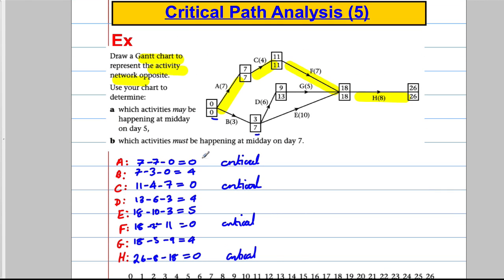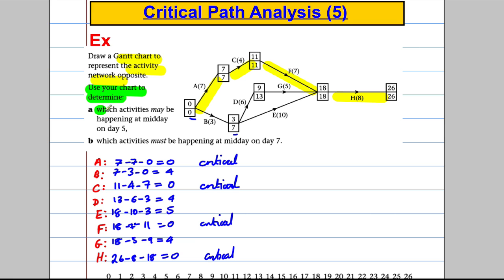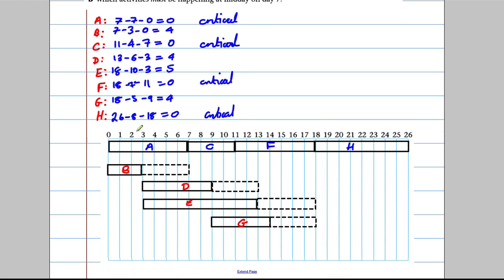So we've done the first part. We've drawn a Gantt chart. Then it says the following. So this is where we can use our Gantt chart. It says, use your Gantt chart to determine which activities may be happening at midday on day 5. So each of these are a day. Midday on day 5 is halfway in between day 5 and day 6.